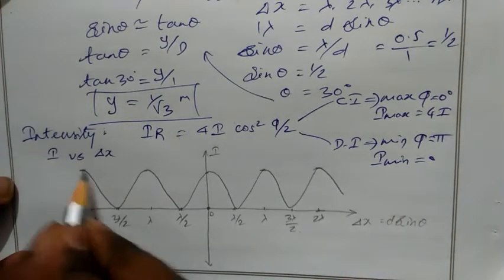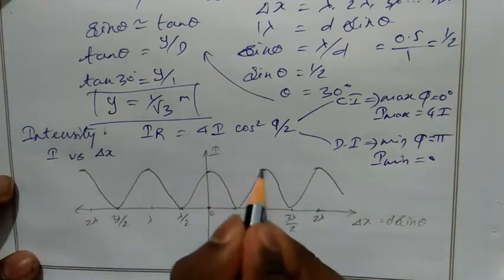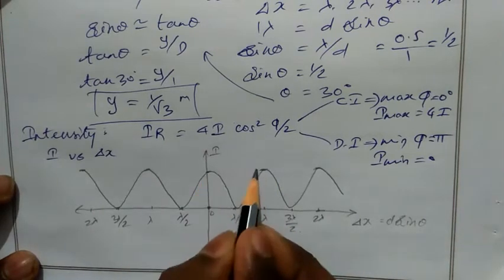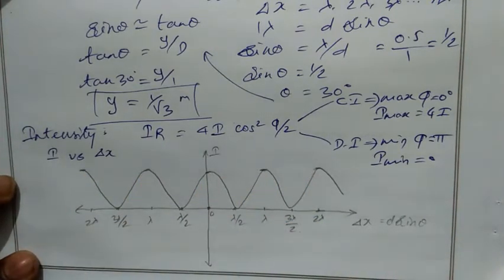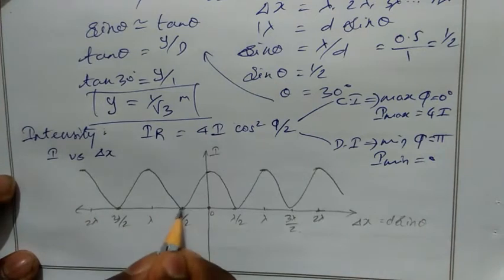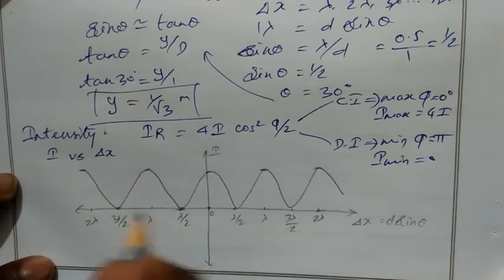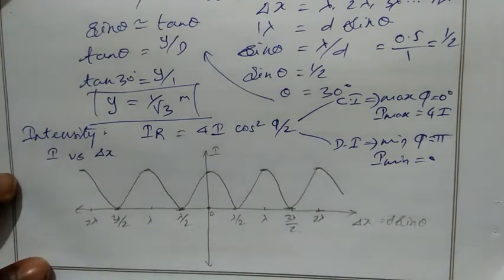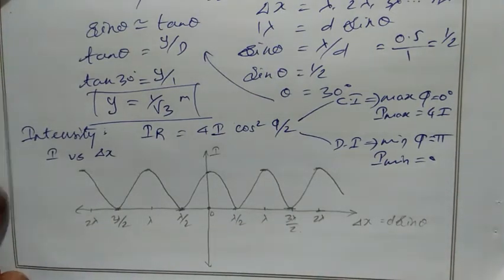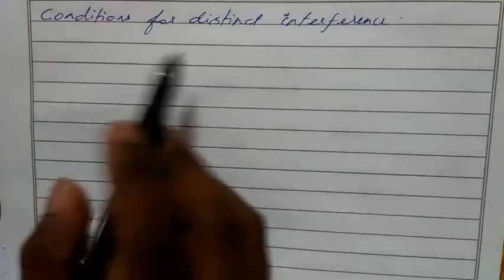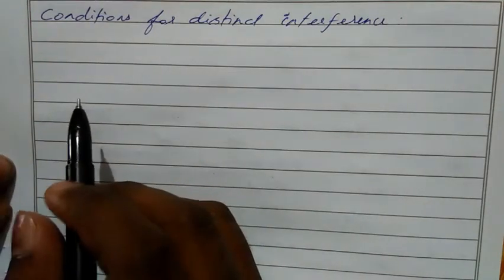So for every bright fringe we have maximum value. Okay, central bright, first bright, second bright. For every dark fringe we have minimum value. Okay, so these two are first dark, these two are second dark. Clear?